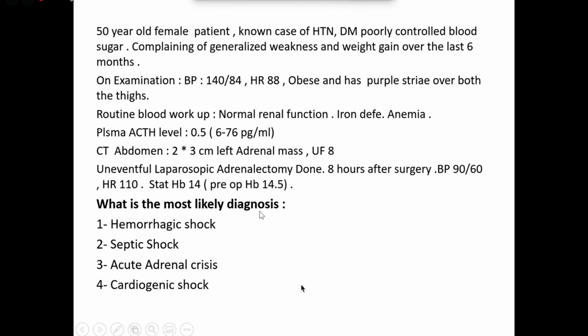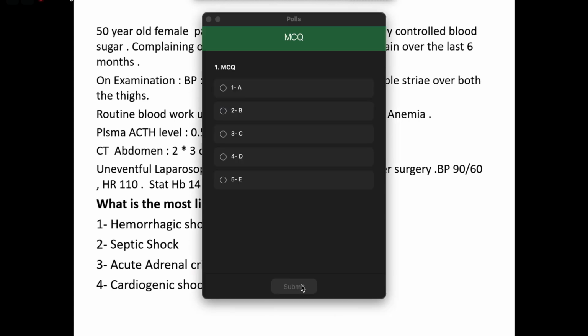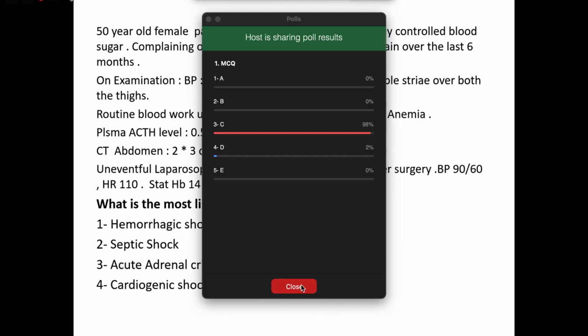Now, what is the most likely diagnosis of this patient? Okay, 98% acute adrenal insufficiency.